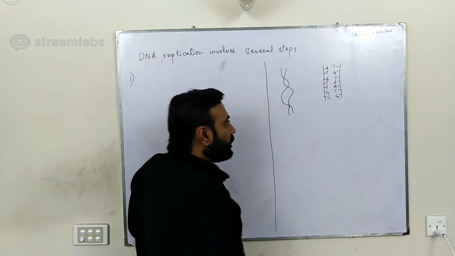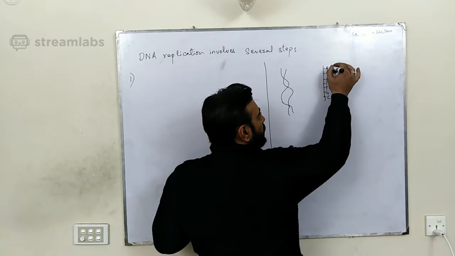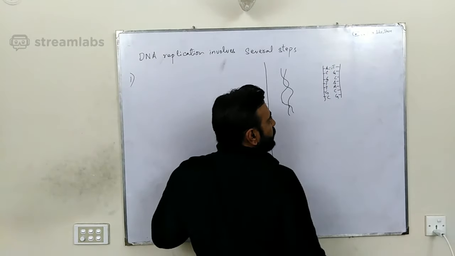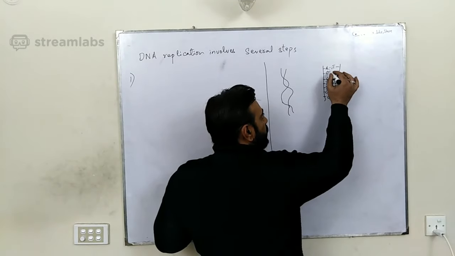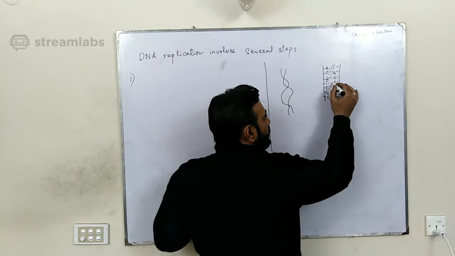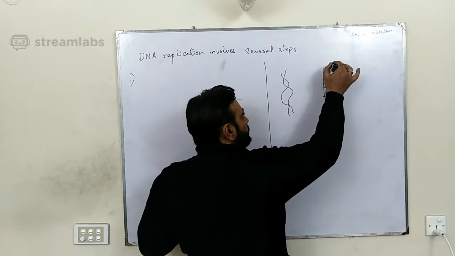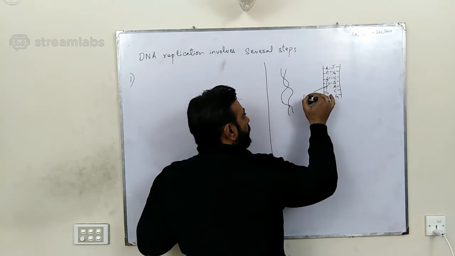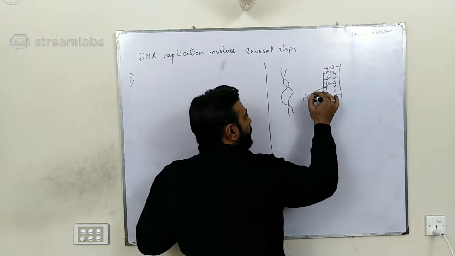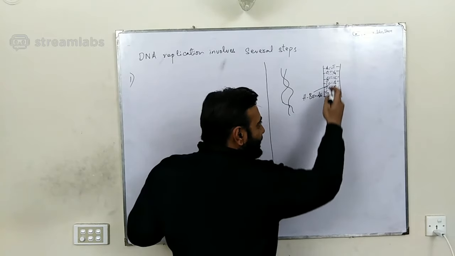And these were held together by hydrogen bonds. I told you there were 2 hydrogen bonds between adenine and thymine, whereas 3 hydrogen bonds between cytosine and guanine. Between all of them. So these are hydrogen bonds, and they can be considered as a zip.